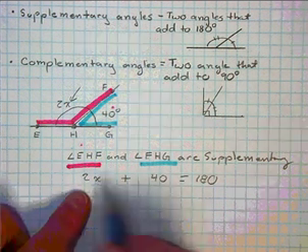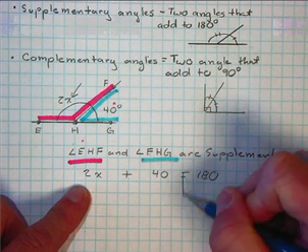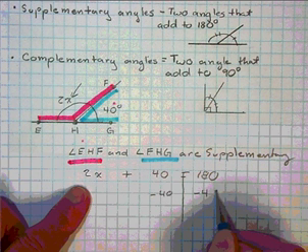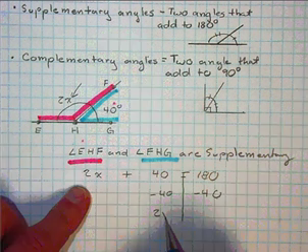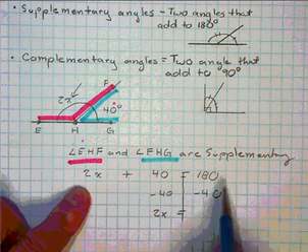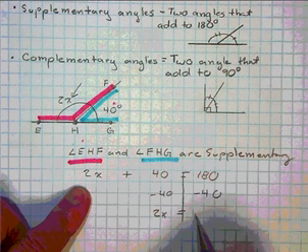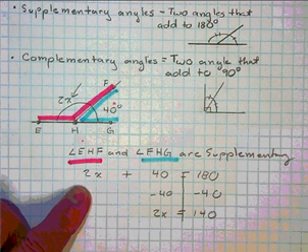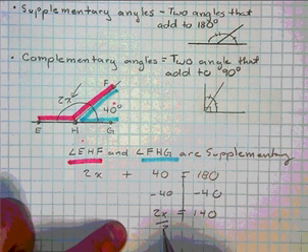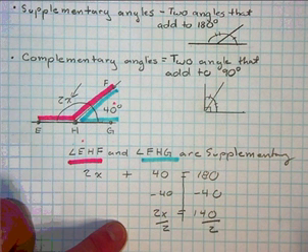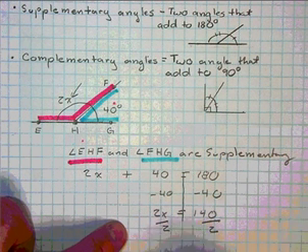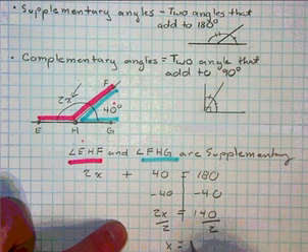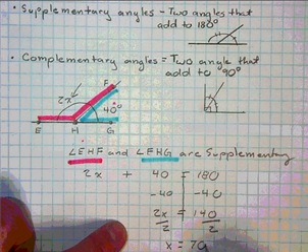So in order to get this by itself, I'm going to subtract 40 from both sides. So then 2x equals 180 minus 40, which gives us 140. Divide by 2, divide by 2. X equals 140 divided by 2, which is 70.